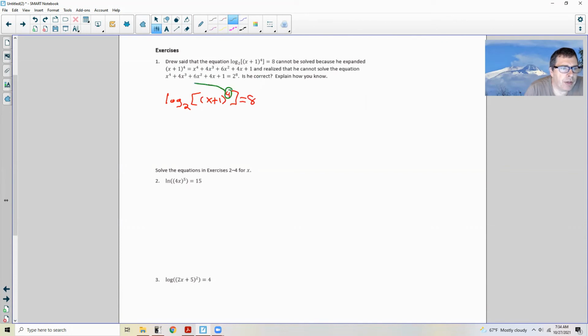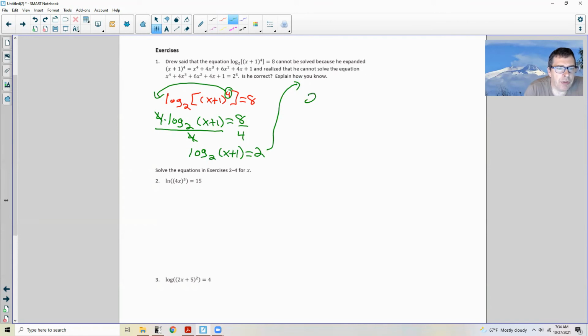This 4 can go out in front, and that will become 4 times the log base 2 of x plus 1 equals 8. Divide both sides by 4. This 4 and this 4 cancel, and we get log base 2 of x plus 1 equals 8 divided by 4, which is 2. Now convert to exponential.